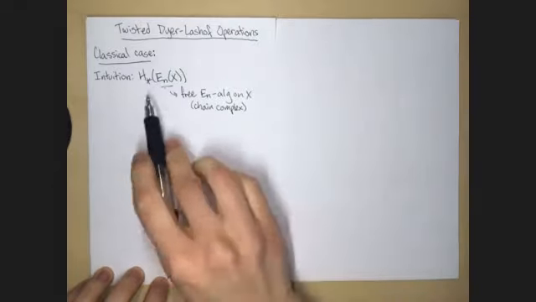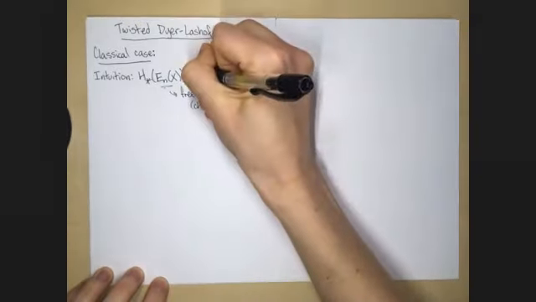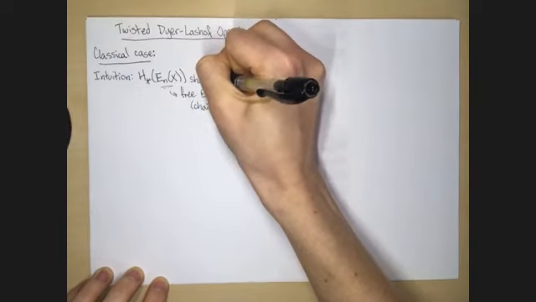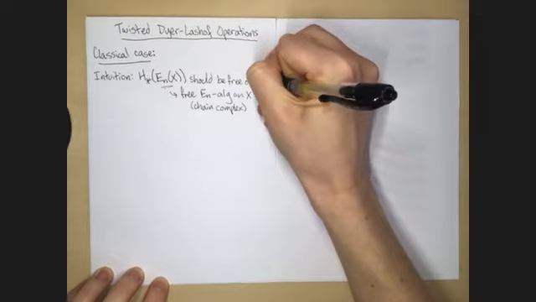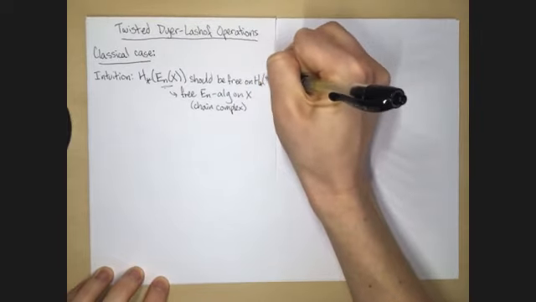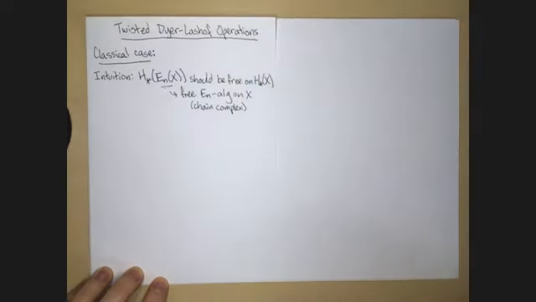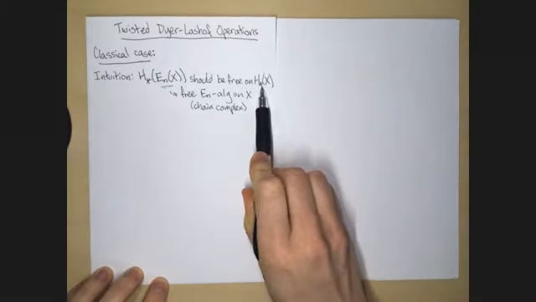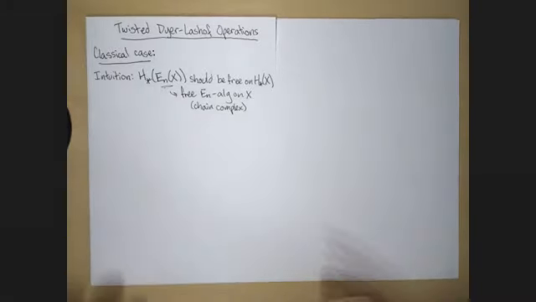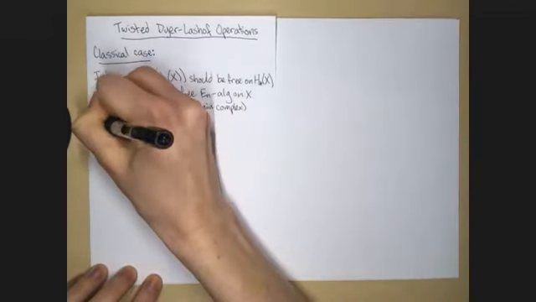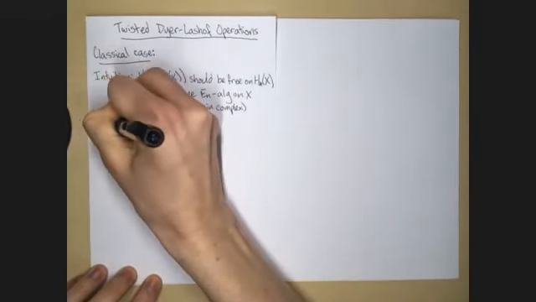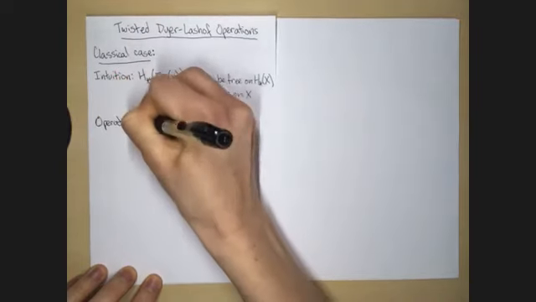So if I care about this homology of a free E_n algebra on X, this should be free on the homology of X in some sense. We have to make sense of what exactly that means, but there's a monomorphism from this homology to this homology, and so we'd like for this to be free on the homology of X in some sense. And it turns out that operations on the homology are the right way to make sense of this.